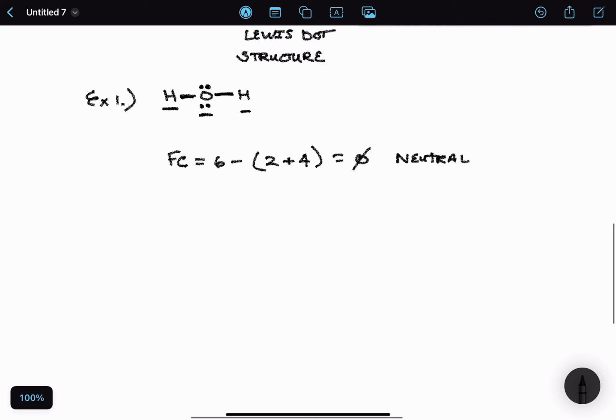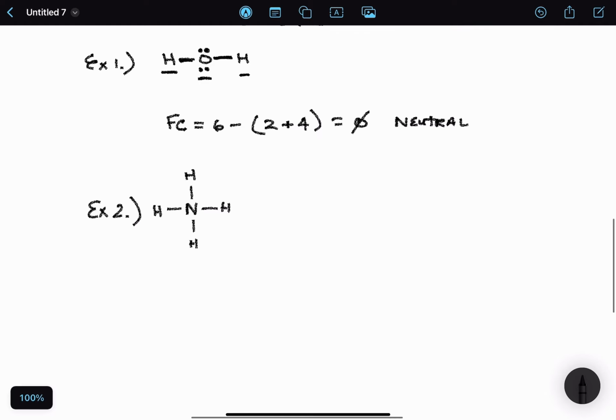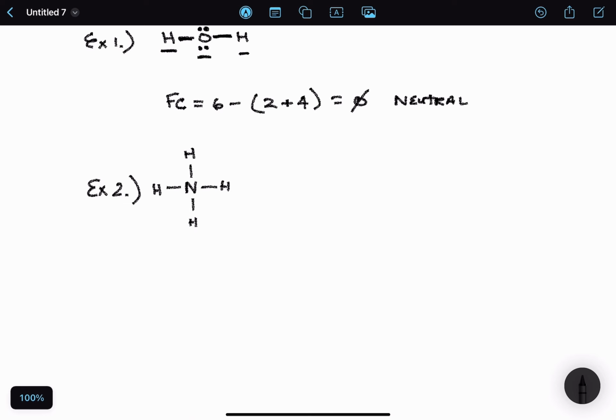Let's take a look at another example. Example number 2, we'll do NH4. This is the proposed Lewis structure, and let's see what the formal charge of the nitrogen will be. Nitrogen has 5 valence electrons, and we're going to subtract how many bonds? 1, 2, 3, 4.